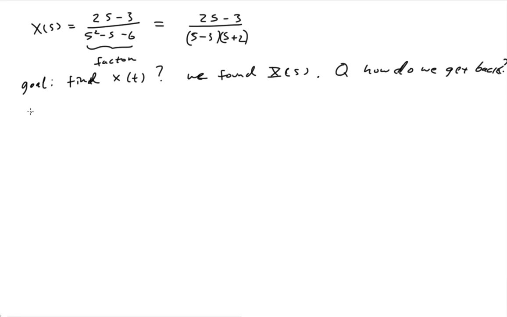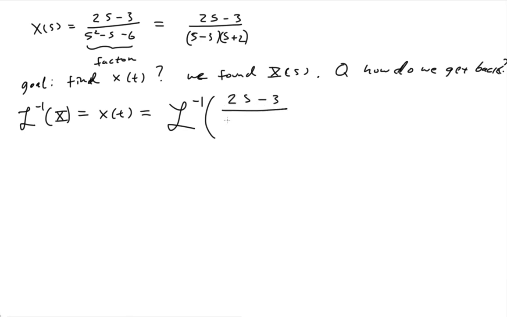Okay, so that's pretty straightforward. What we're going to have to do is take an inverse Laplace transform. And that's going to equal x of t. But we're still left with then, how do we compute the inverse Laplace transform of this?